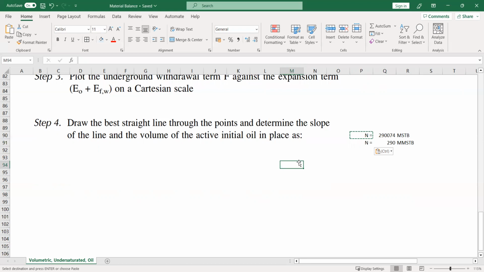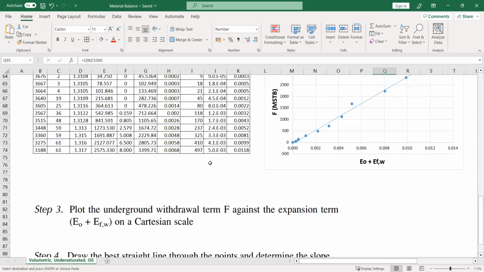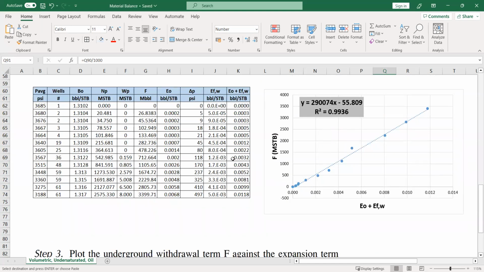So you can differentiate between the results of material balance computation and geological computation. Now we get the final value, but we can also do another diagnostic to ensure that it is actually a volumetric reservoir.